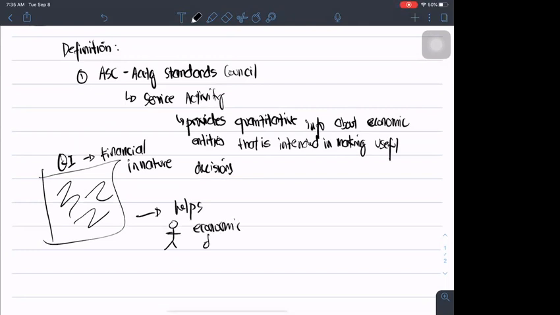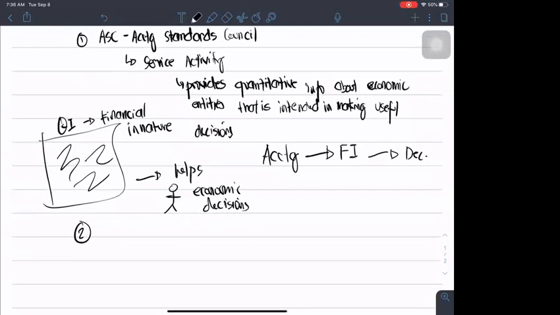So what happens in the ASC definition is they look into the function of accounting. From accounting, we have financial information, and that financial information is used for decision making. So it is a service activity, especially to users, for them to understand properly the business organization through the financial information. That's the first definition of accounting.